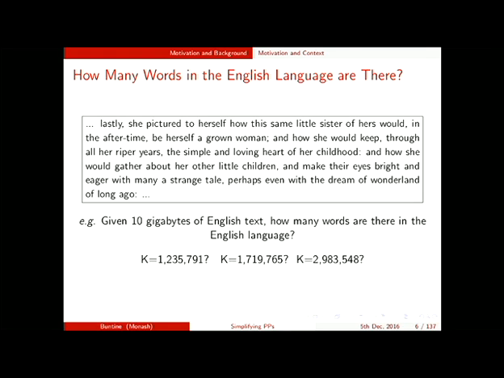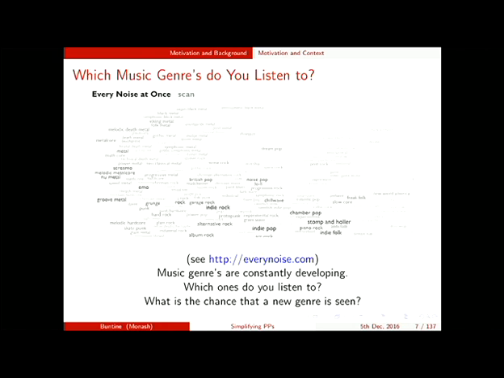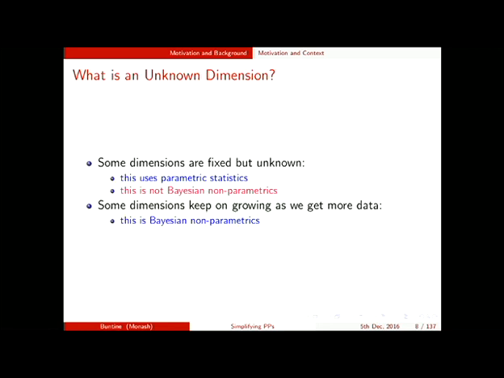So it's not that you have a fixed and unknown size of dictionary, it just keeps getting bigger. And that's what we're really dealing with when we mean a variable number of parameters. Music is a better example, and this isn't just songs, this is genres. Genres keep on changing. So non-parametrics is where the dimensions keep on growing.